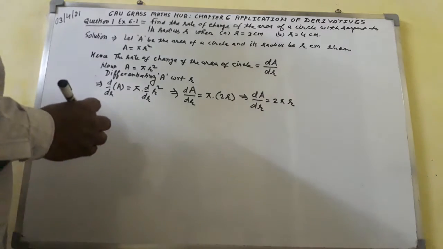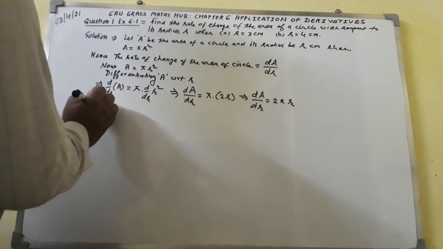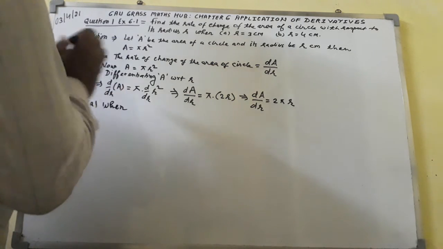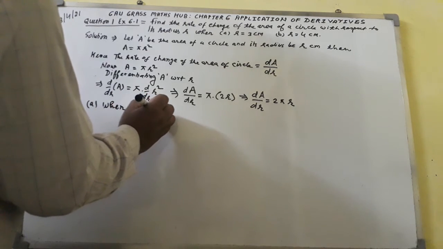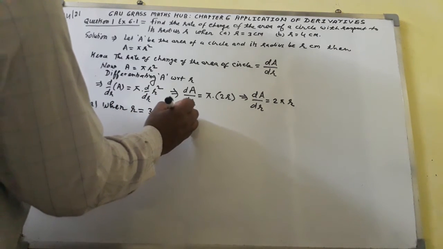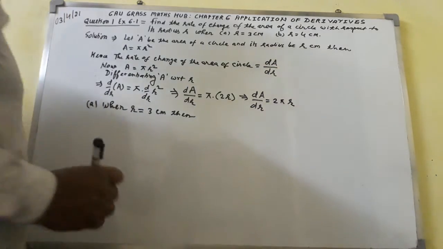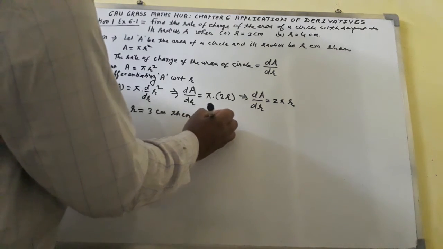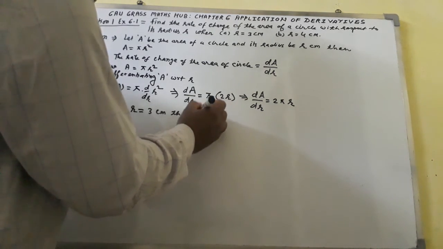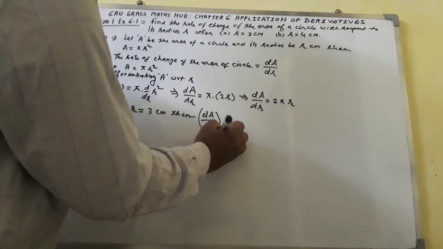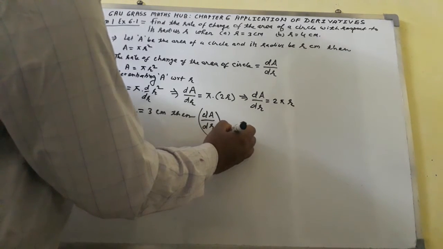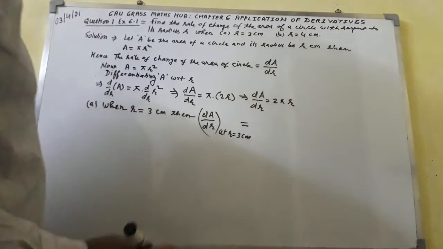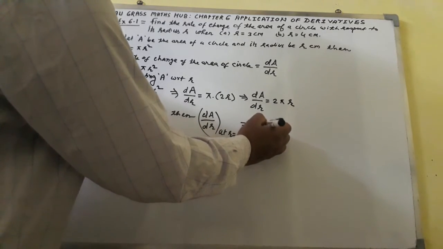Now here I shall write (a): when small r equal to 3 centimeter, then dA over dr at r equal to 3 cm comes out to be 2 pi.